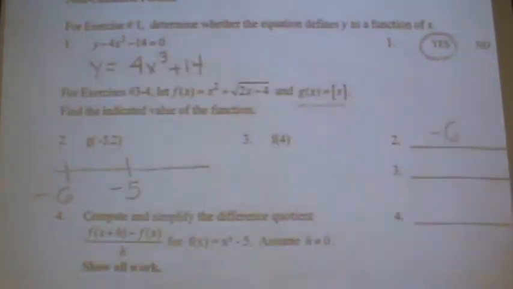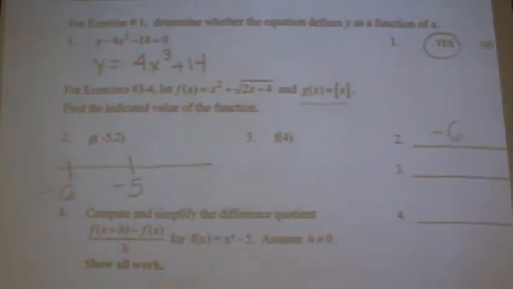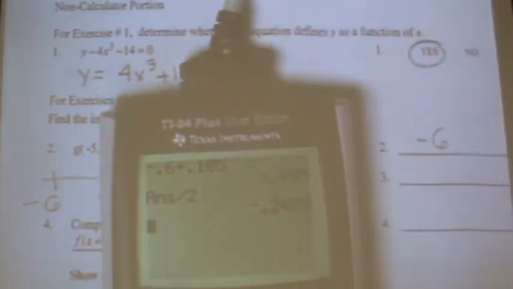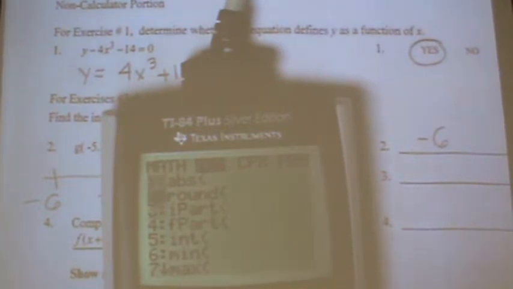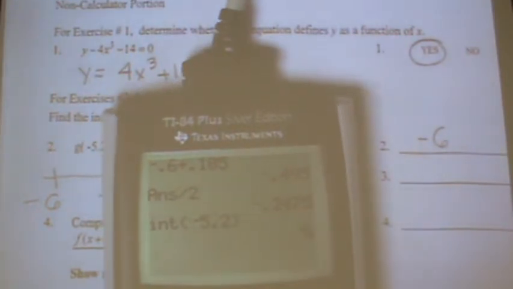On this calculator, you hit math, num, number 5.